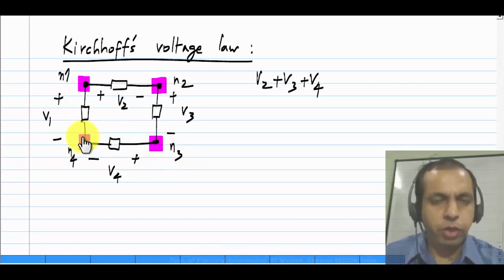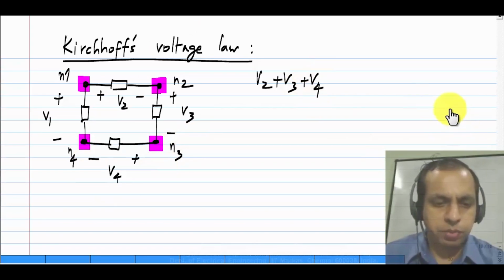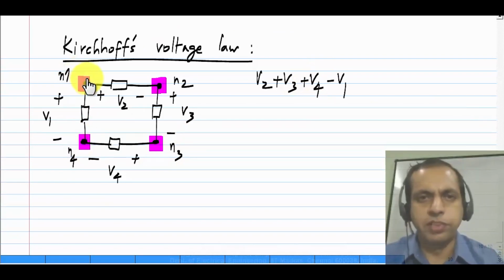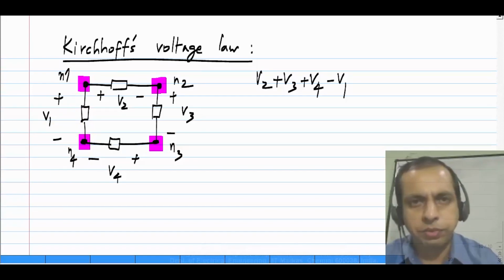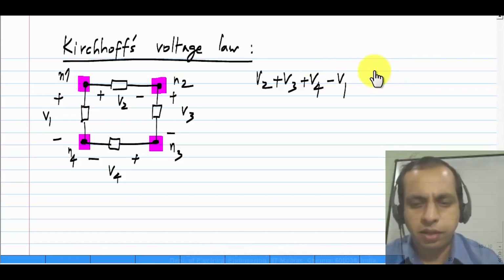So, when you go from N4 to N1, the voltage rises by V1, which is the same as saying the voltage falls by minus V1. This is the reason I emphasized earlier that you can think of N1 as being above N4 by V1 or below N4 by minus V1. So, you will need to be comfortable with these conventions in order to apply the rules correctly.